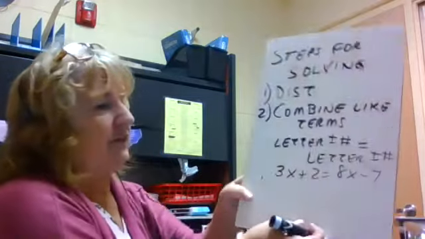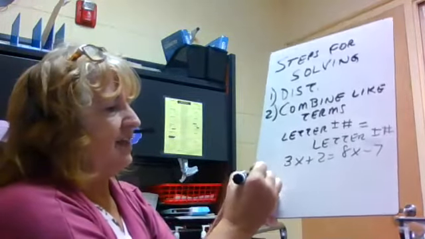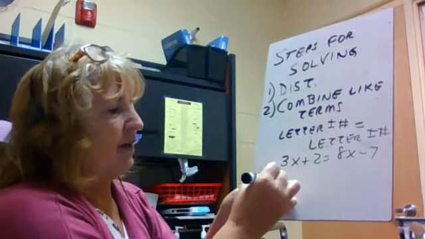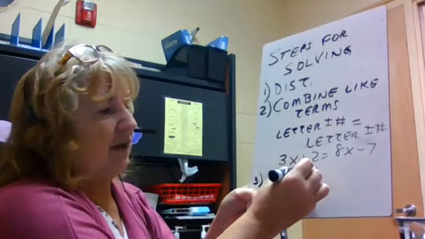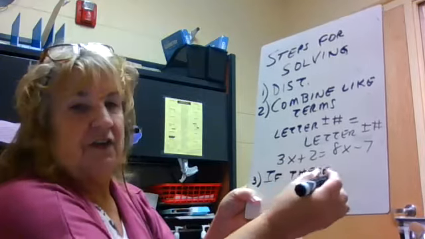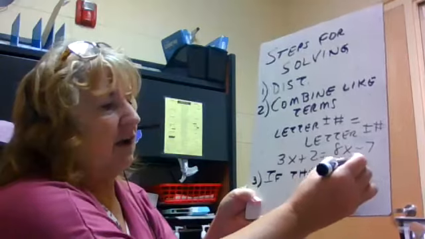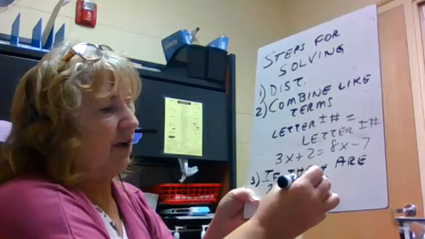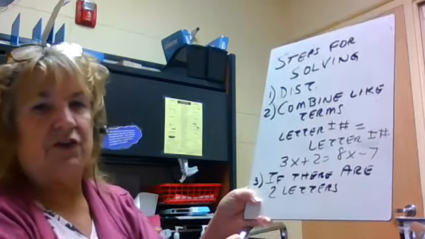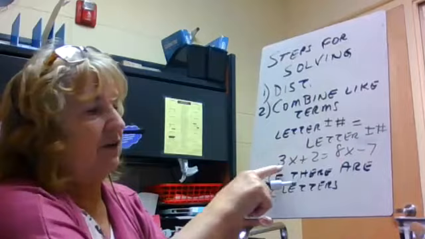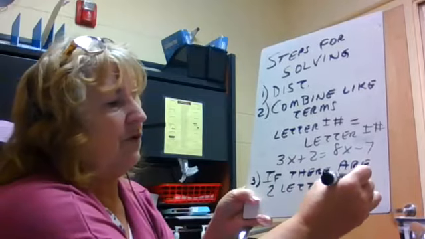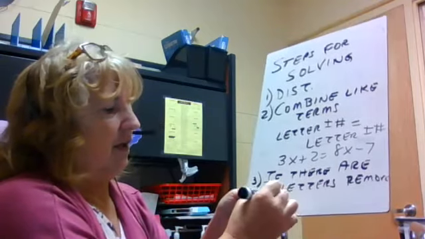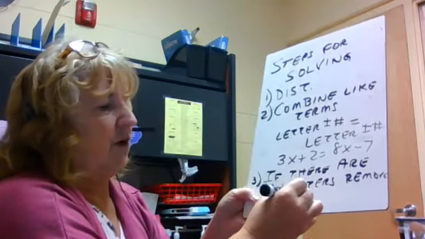So then once you've gotten to that point, step number 3 is if you have two x terms, if there are two letters like there are here, then remove the smaller.